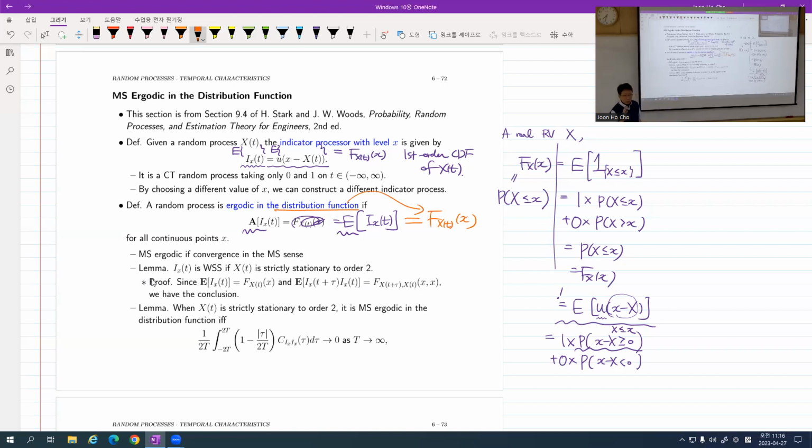And for the convergence, we are going to use the simplest mean square convergence. So here goes the same approach. The difference is that we have to consider the autocovariance function of this indicator function instead of the random process. So here we have the I sub x, which means this autocovariance function is the autocovariance function of this random process, not the original x of t.